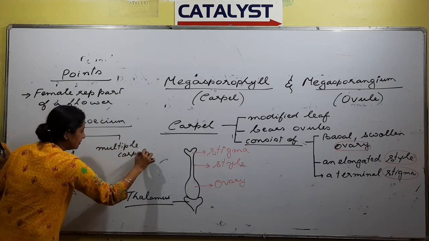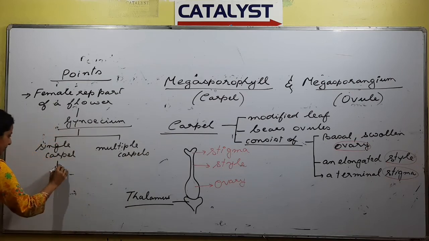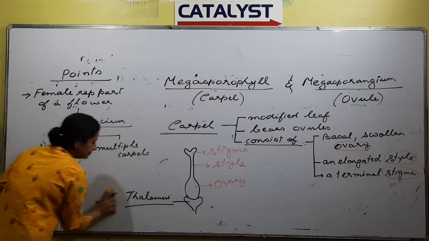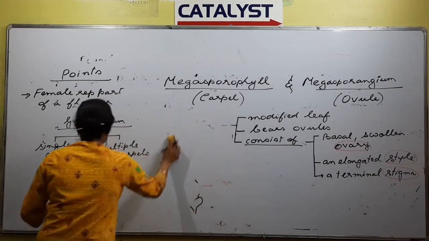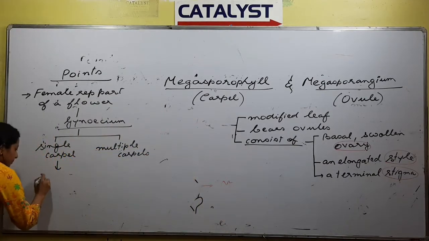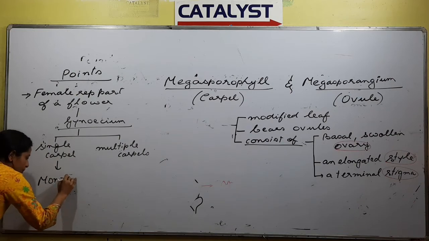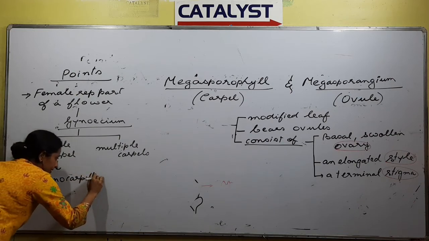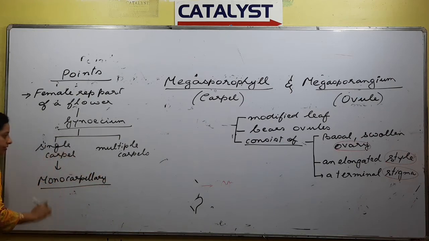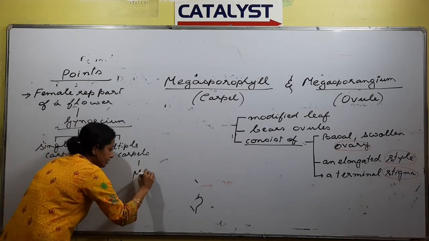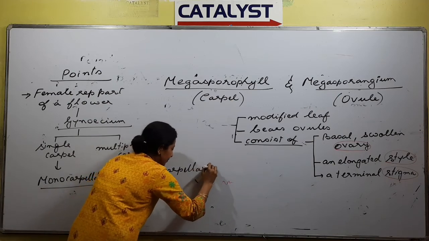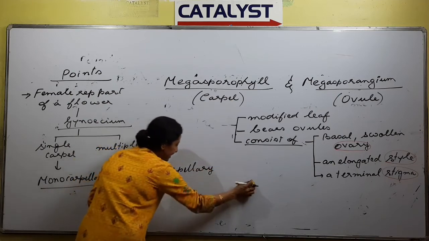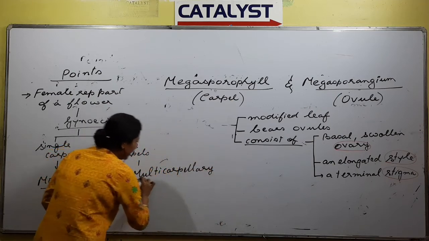If it is a single carpel, it is called monocarpellary, and this is called multicarpellary. It is not necessary that every flower has only one carpel.